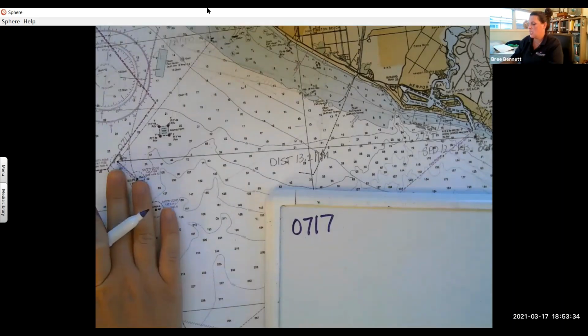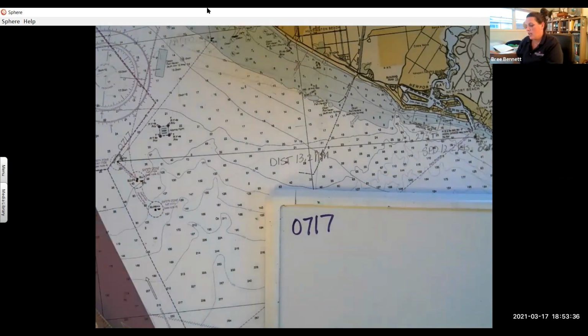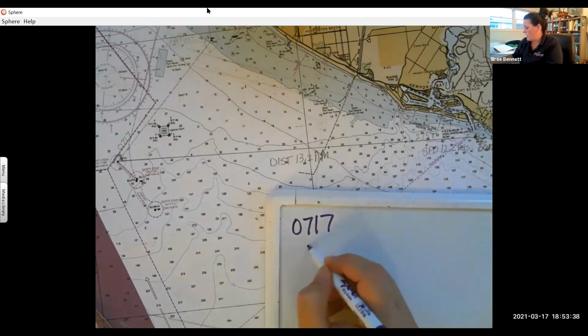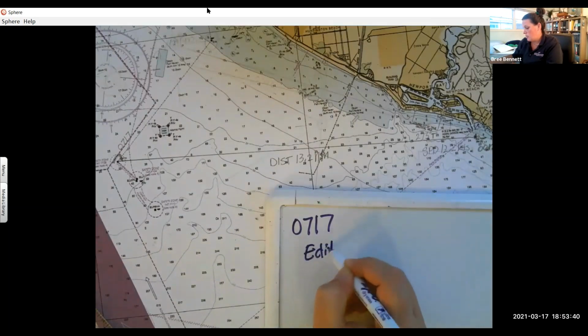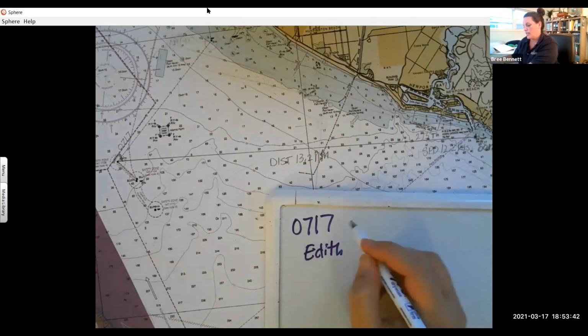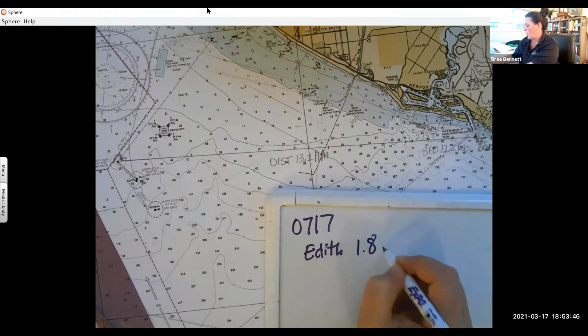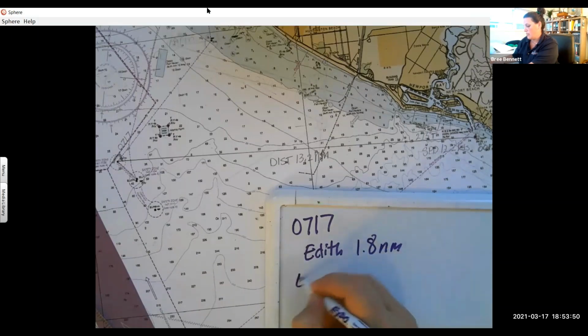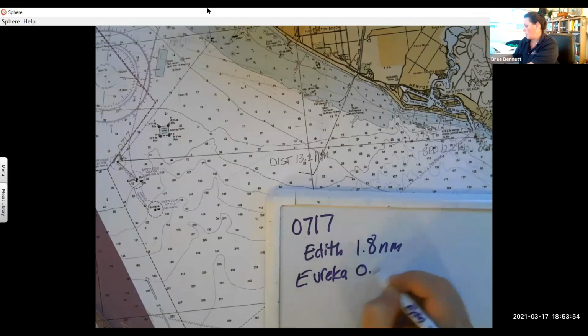Very convenient. For Edith, a range or a distance of 1.8 nautical miles, and Eureka at 0.9 nautical miles.